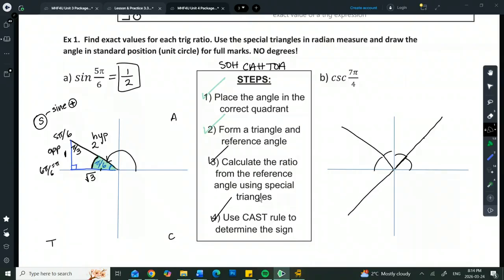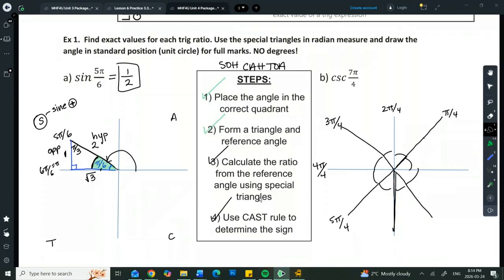The bottom will have another 4 here, 1, 2, 3, 4, 5, 6, 7, 8, and that will give me a full rotation around. Now, pi over 4, it's important to remember that that's 45 degrees, right? So if this is 90, that means this is 45 and this is 45. So if I simply count up, this will be 1 pi over 4, 2 pi over 4, 3 pi over 4, and so on.